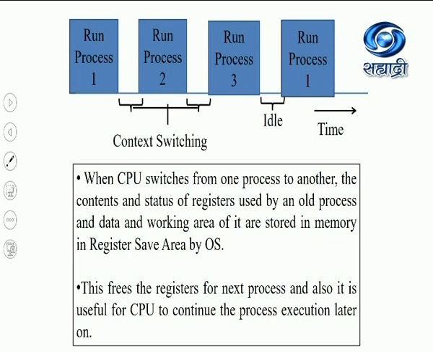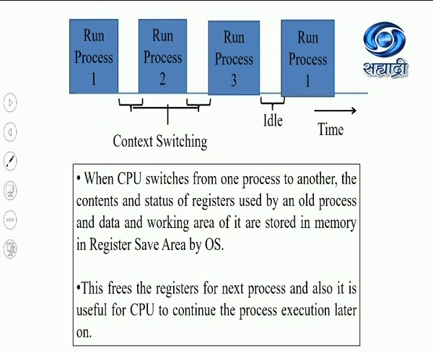Suppose in process 3 also some I/O operation comes, then you can see that all the three processes, process 1, 2 and 3, are now performing I/O operations and the CPU has nothing to do. So it may happen that the CPU goes idle. Meantime, process 1 finishes its I/O and then the CPU again starts running process 1. This happens in context switching.